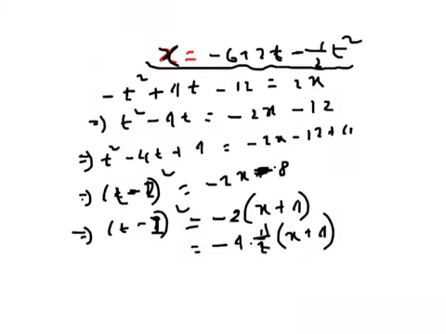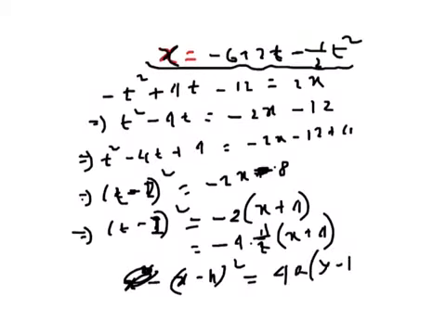So this is something like of the form x minus h square minus 4a y minus k, that form of parabola. So it will go, because this sign is negative here, it will go downwards, and the vertex is 2 and minus 4. That's the vertex.